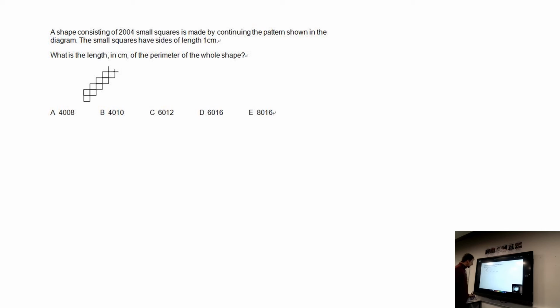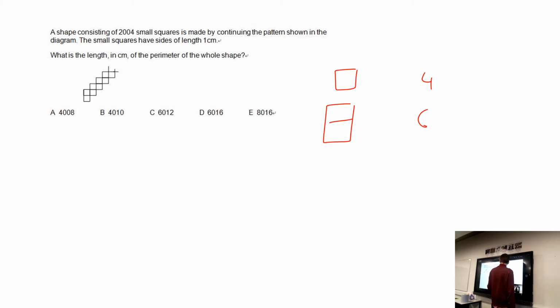Okay, so if we had 1 square, the perimeter is 4. If we had 2 squares, we've got 1, 2, 3, 4, 5, 6, so the perimeter is 6. If we had 3 squares, the perimeter is 8.